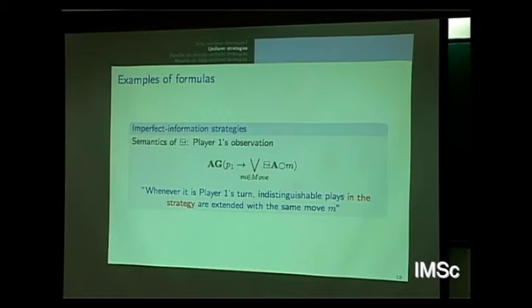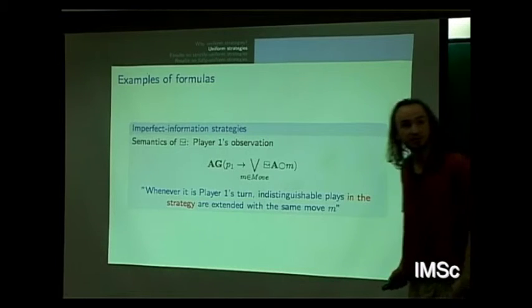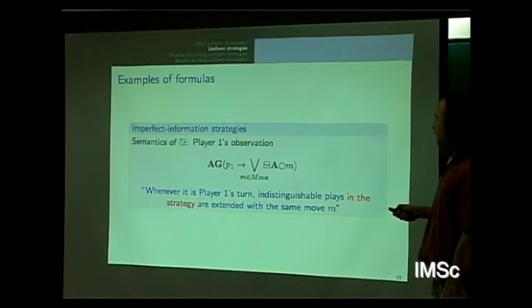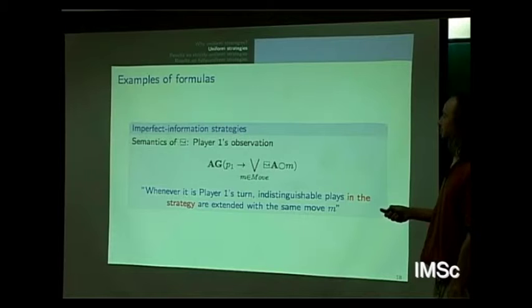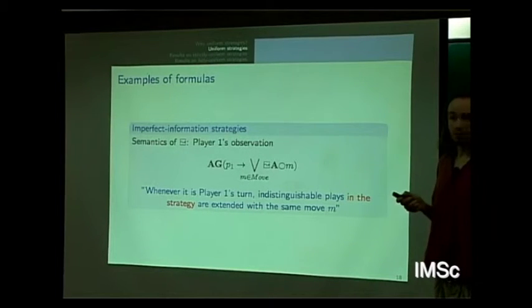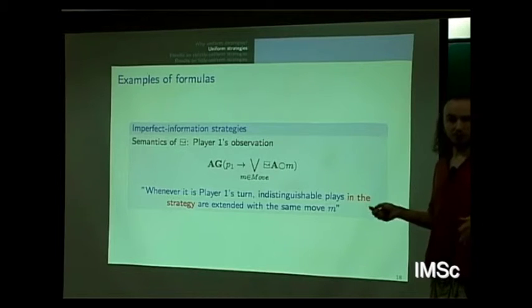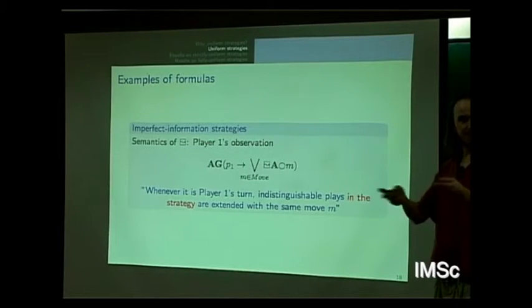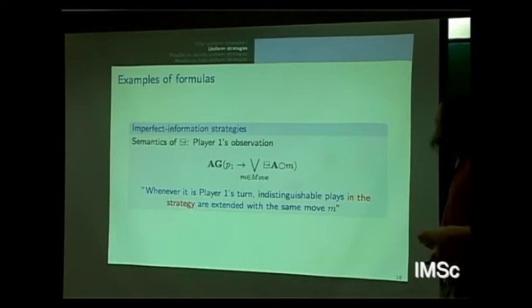So a few examples of what you can say with that. For imperfect information strategies, well, I should have said we take as relation between plays the observational relation for player 1. So this is the indistinguishability relation between plays.